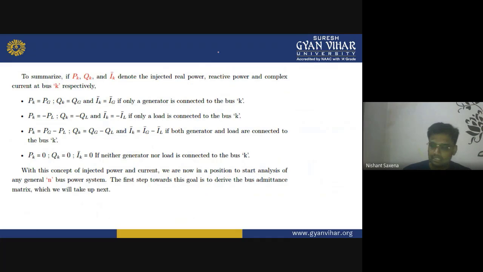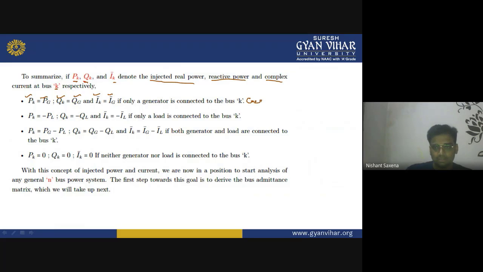Now, to summarize, PK and QK and IK denote the injected real power, the reactive power, and the complex current at the bus K. In that case, if PK is equal to PG, QK is equal to QG and IK is equal to IG, only a generator is connected to the bus.